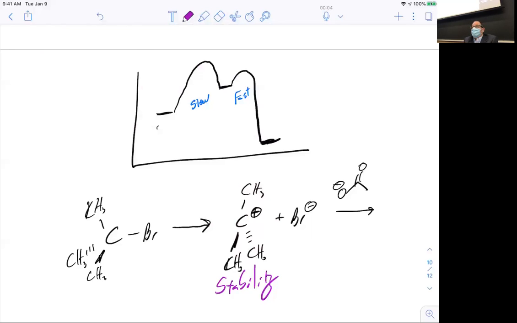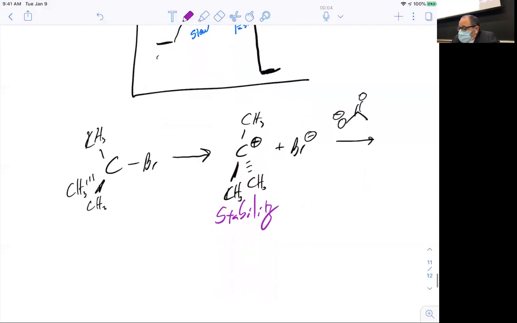One has to do with the nucleophilicity of the nucleophile, and its rate also has to do with the substrate sterics, the spatial arrangement. In the two-step process, it has to do with the stability of that first transition state, that carbocation. So stability of carbocation versus space.